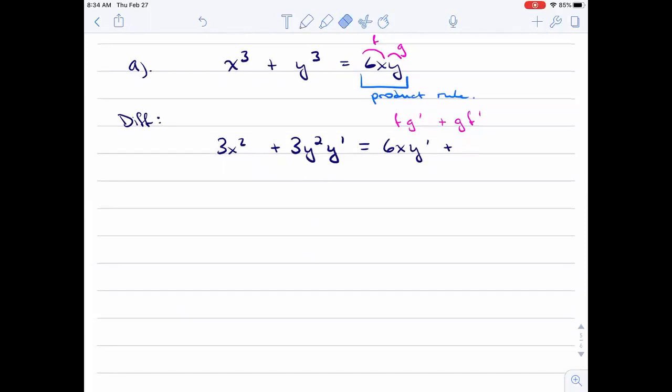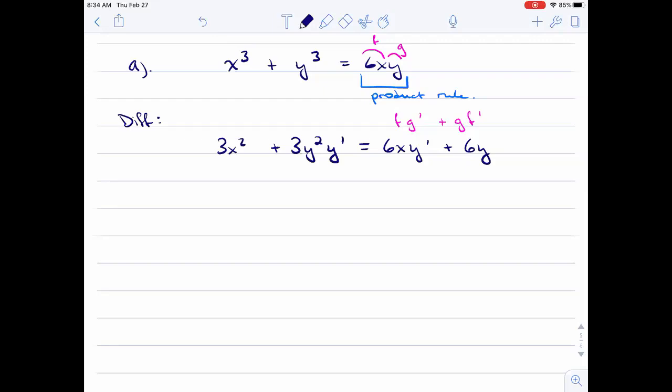So I'm going to actually write 6y to make it look a little bit better. Cool. So now we've taken the derivative, and now we need to solve for y prime.